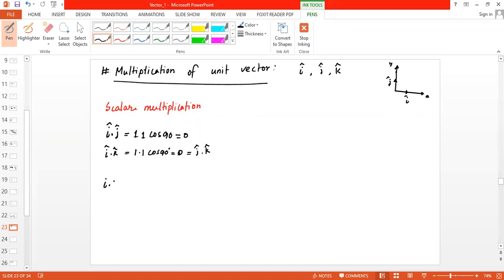And again, if I write i dot i, what should i dot i be? It is the magnitude of i times the magnitude of i times the cosine of the angle between them. i is along the x direction, this i is also along the x direction, so the angle between them is 0. So 1 times 1 times cos 0, that is 1. So i dot i equals 1, the same we are going to get for j dot j, and k dot k is also equal to 1.